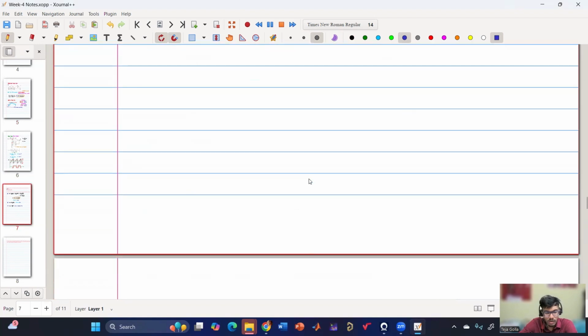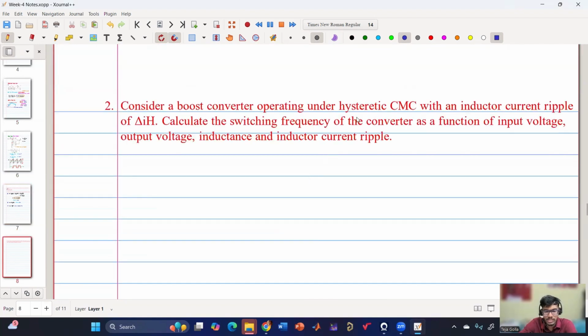So in the case of boost converter, they're saying it is operating under hysteretic current mode control with an inductor current ripple of delta IH, which means I maximum minus I minimum is equal to delta IH, the ripple. So calculate the switching frequency of the converter as a function of input voltage, output voltage, inductance, and inductor current ripple. So let me draw.